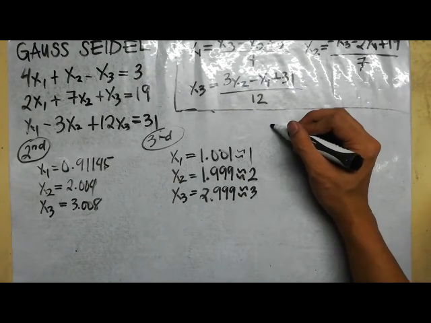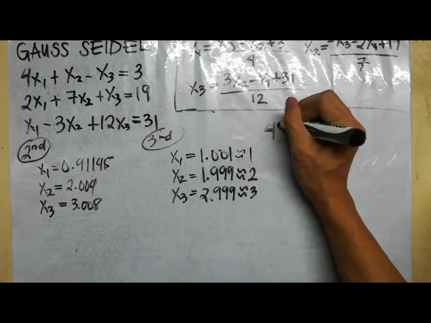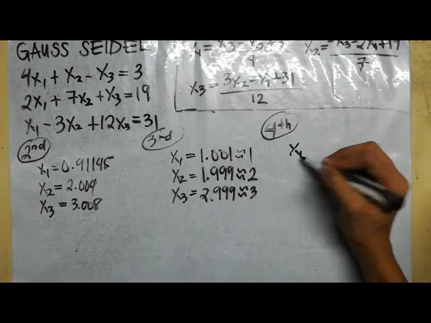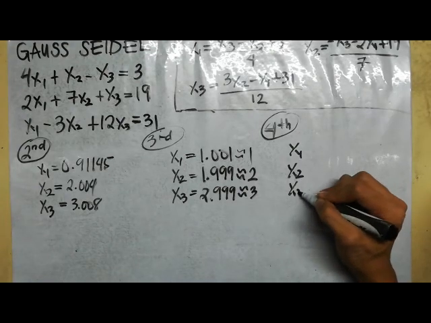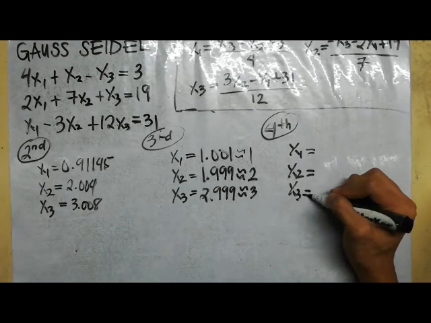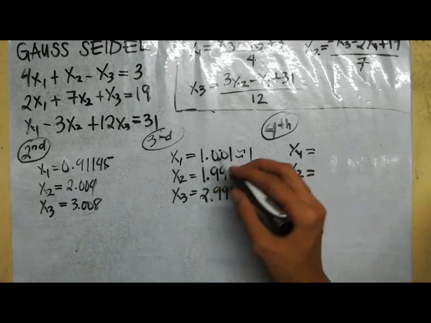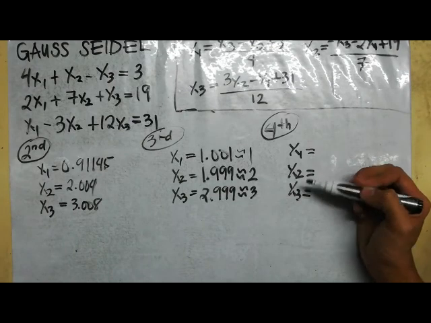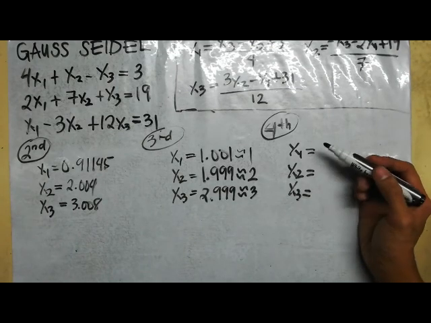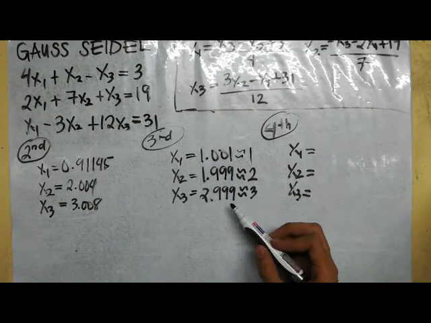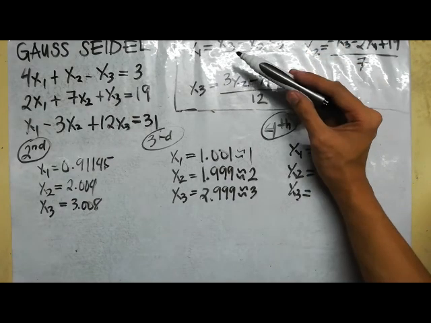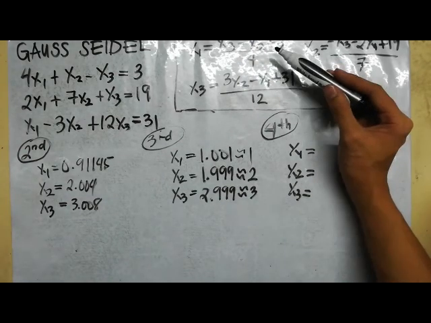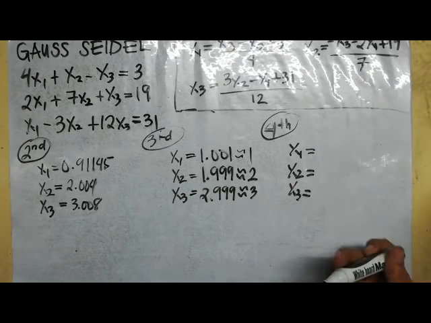And for our fourth iteration, again, we will just substitute these values here to get the values for x sub 1, x sub 2, and x sub 3. So for x sub 1, we will substitute 2.999 for x sub 3, minus x sub 2, which is 1.999, plus 3 all over 4, so we will get 1.